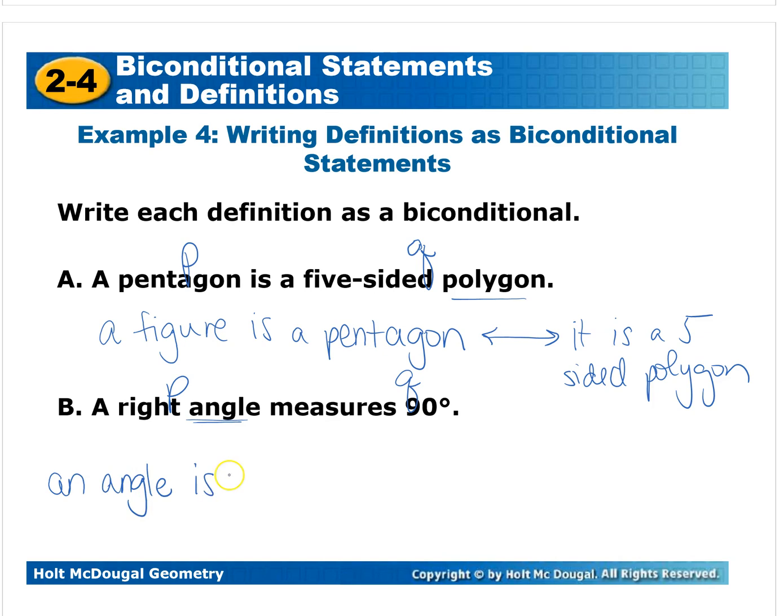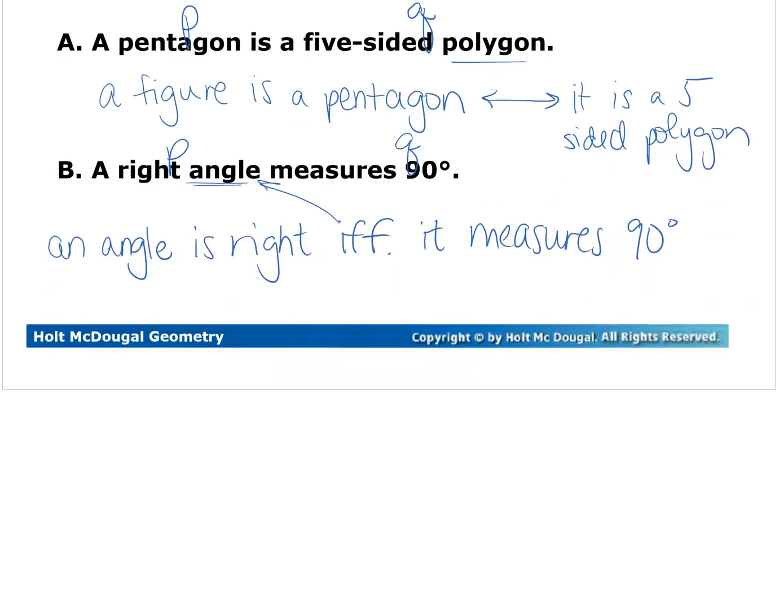An angle is right, if and only if, I'll use my IFF this time, it, because we're talking about the angle, measures 90 degrees. Perfect. So an angle is right if and only if it measures 90 degrees. All we did here was add some keywords, we manipulated the words a little bit to make it work grammatically, and we added the IFF in the middle. Good job. And that is the end of that one.